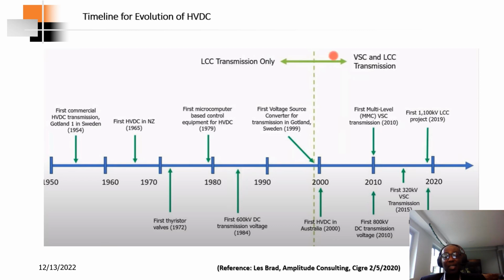Modular multi-level converters were introduced to mitigate the drawbacks associated with these traditional or conventional voltage source converters because of the many attributes that it has. And I will talk about the attributes in the next coming slides. So the first modular multi-level converter was installed in 2010.